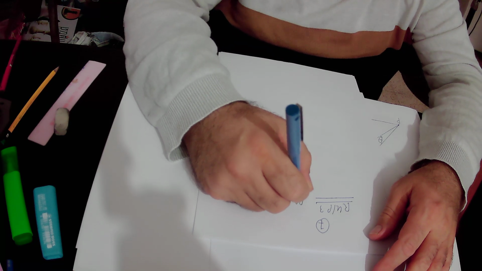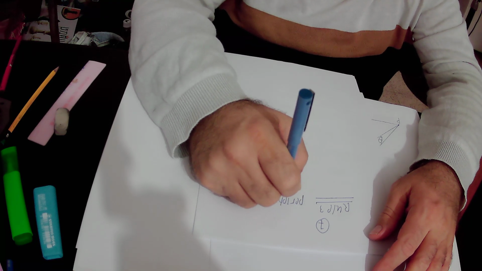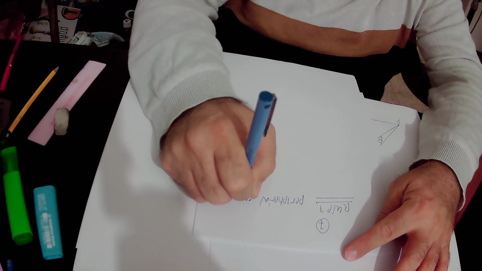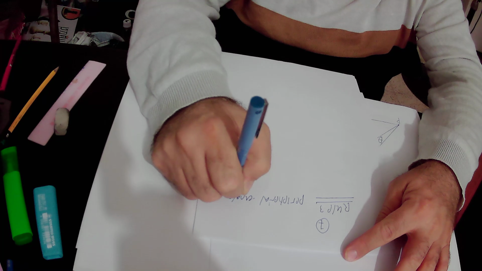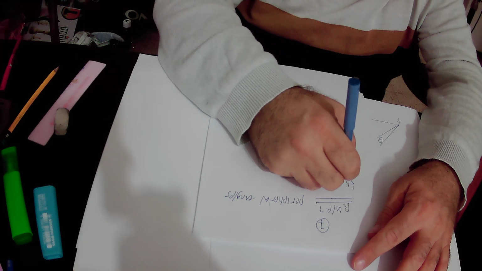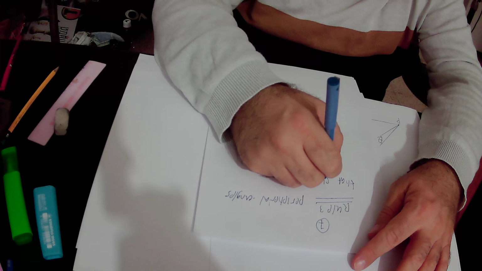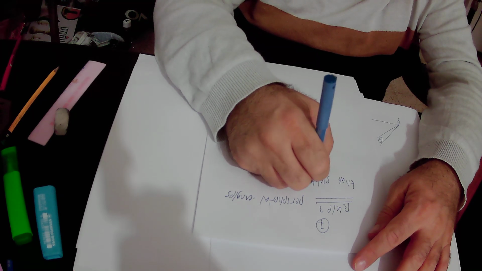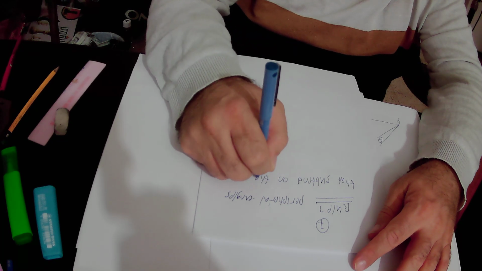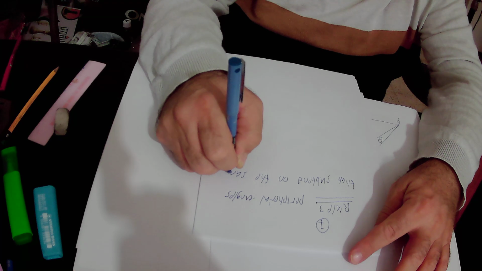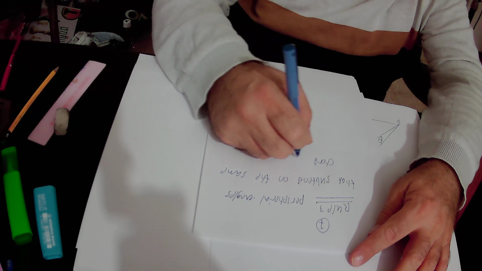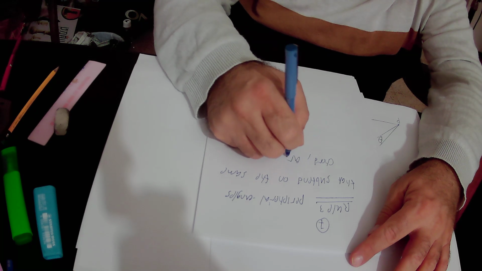Peripheral angles that subtend on the same chord are equal to each other.